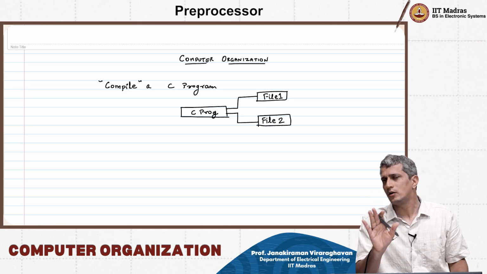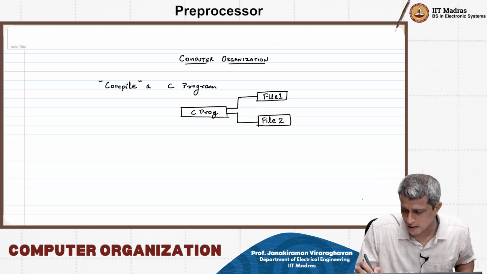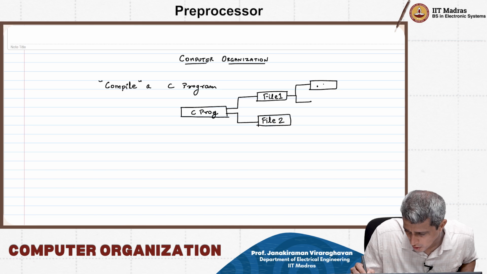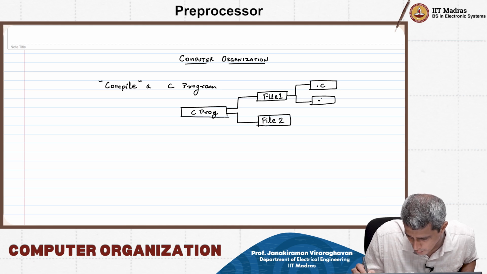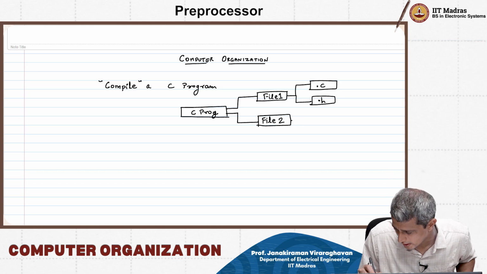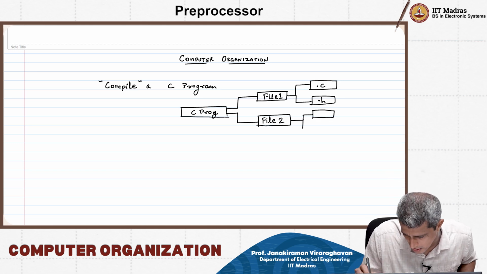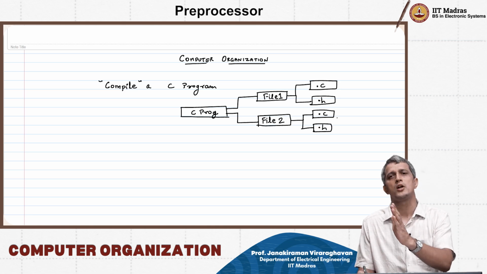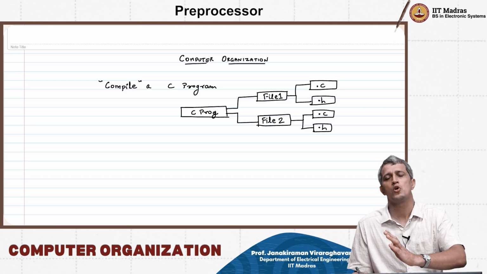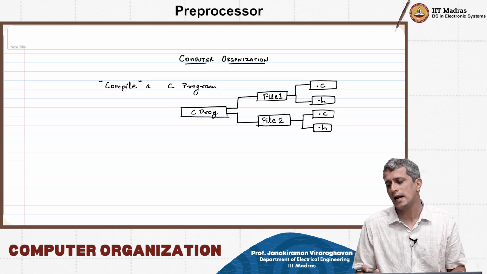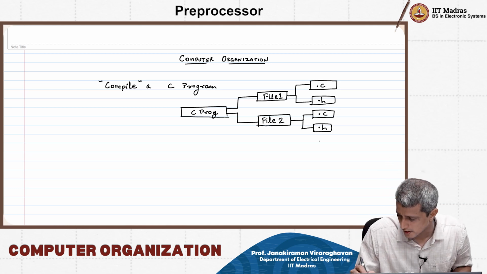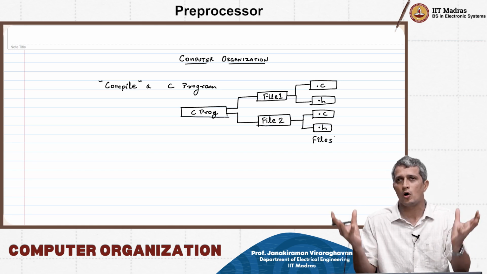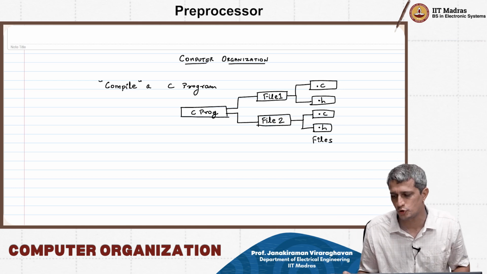Typically, each of these files will have a .c version and a .h version. We'll come to these details a little later, but what this diagram means is I have file1.c, file1.h, file2.c and file2.h. These are my real files, and that is what we call a C program eventually.